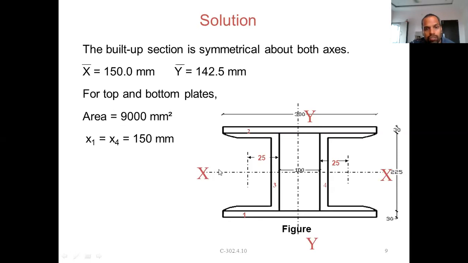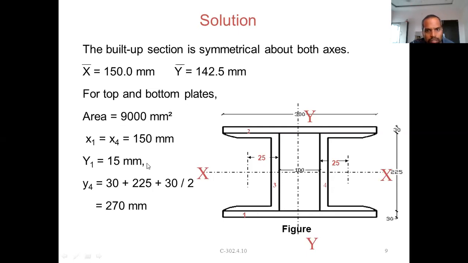Of course, what are 1 and 4? This is 2, 3. If you see this one, 1 and 2 are the plates, and 3, 4 are the two channel sections. Again it is the same mistake here. It is numbered as 1, 2 here and 3, 4 here.